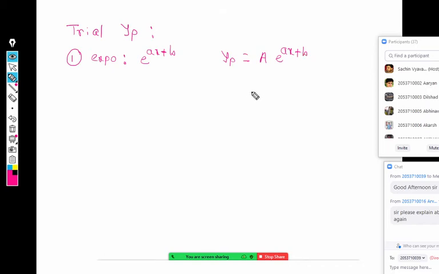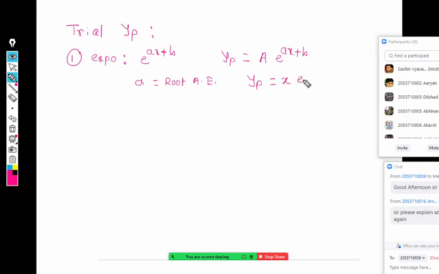But suppose a is a root of the auxiliary equation. Then what should the trial yp be? If a is a root of the auxiliary equation, that means phi D is coming 0, so in the trial yp we should multiply by x.